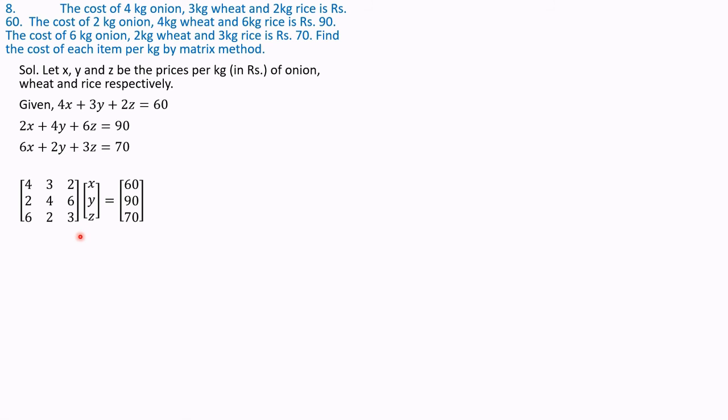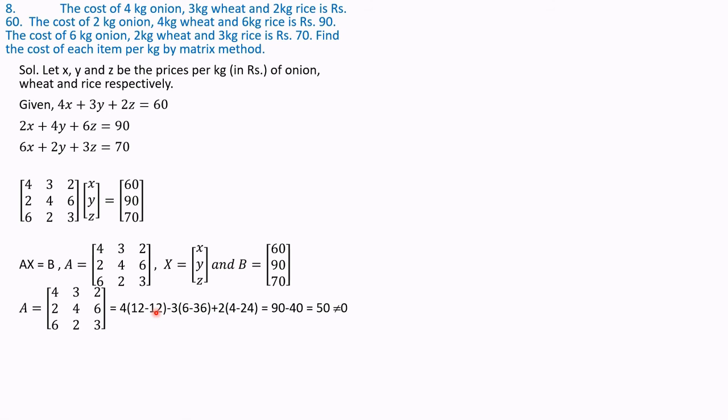Therefore, we have to find it using the formula AX is equal to B, where A is the matrix 4, 3, 2, 2, 4, 6, 6, 2, 3. So 4 into (12 minus 12) is 0.